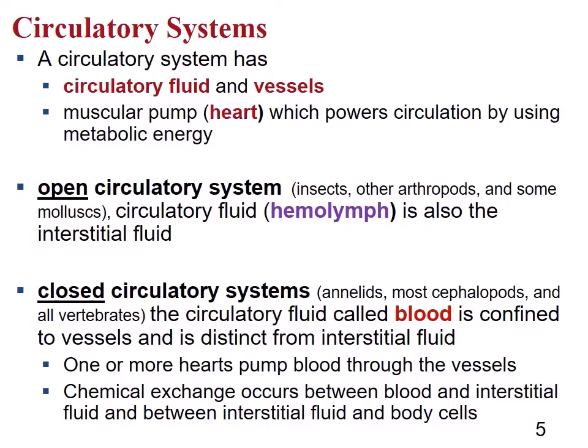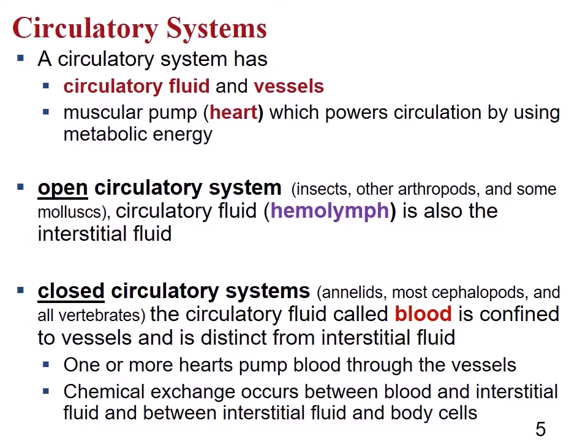So in this case, if you don't have a closed circulatory system, where all of your circulatory vessels loop together, then your extracellular fluid is going to be the same as the stuff that's in that circulatory system. Then if we go to closed circulatory systems, annelids, which remember is your segmented worm, cephalopods, which are like squid or octopi, and all vertebrates have a closed circulatory system.